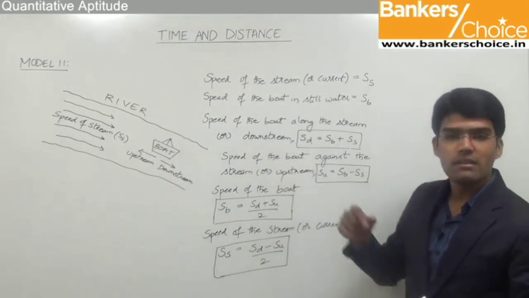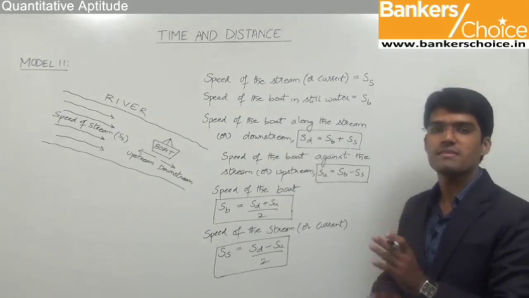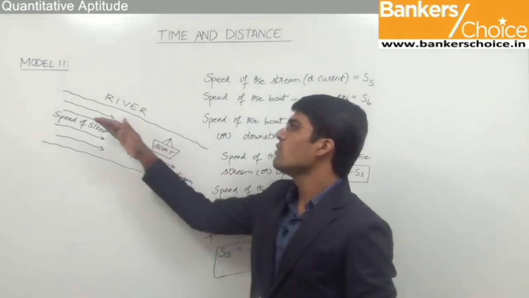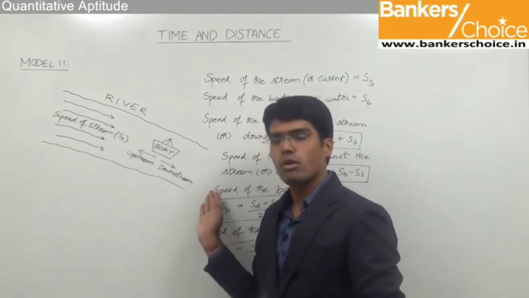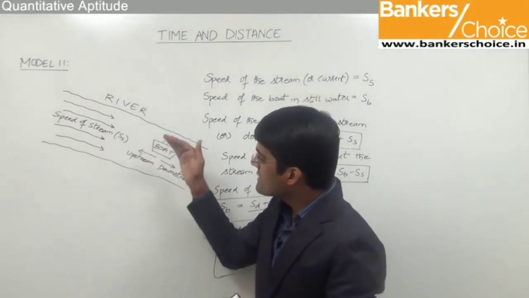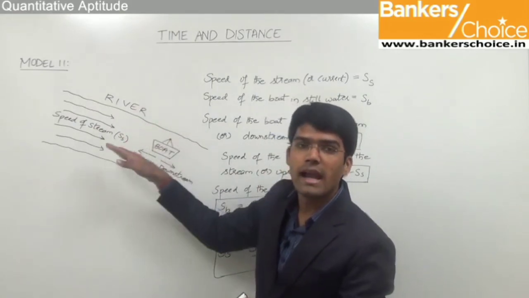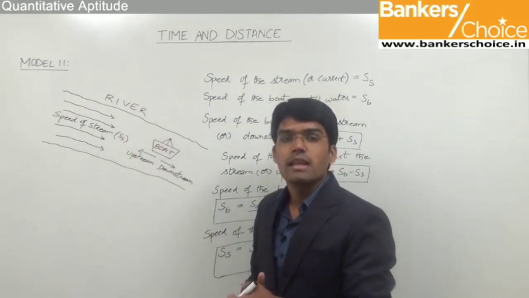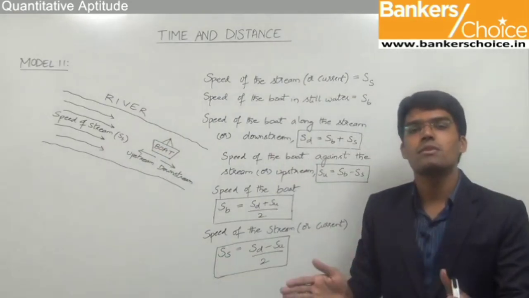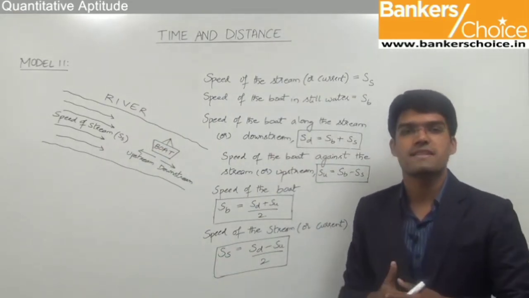Understand that this particular case of boats and streams is nowhere related to relative speed. Here, when a boat is moving against the water or along the water, it is not considered relative speed because there is a physical contact between the boat and the flow of water. In the previous case of relative speed, there was no physical contact when the two trains were moving in opposite or the same direction.